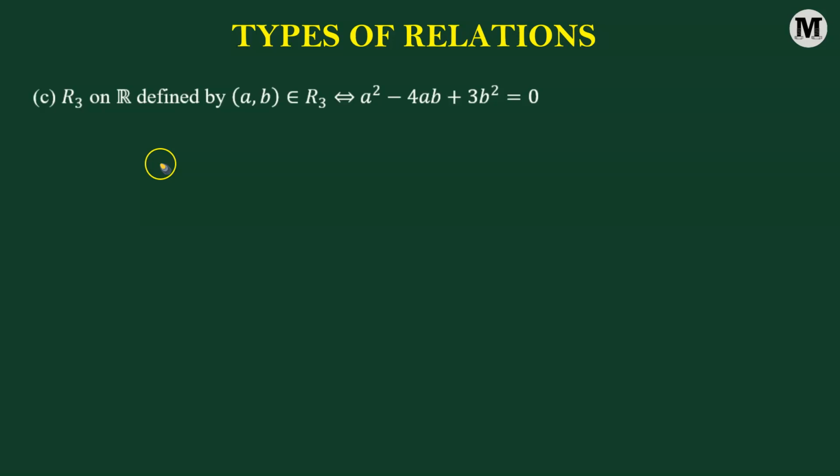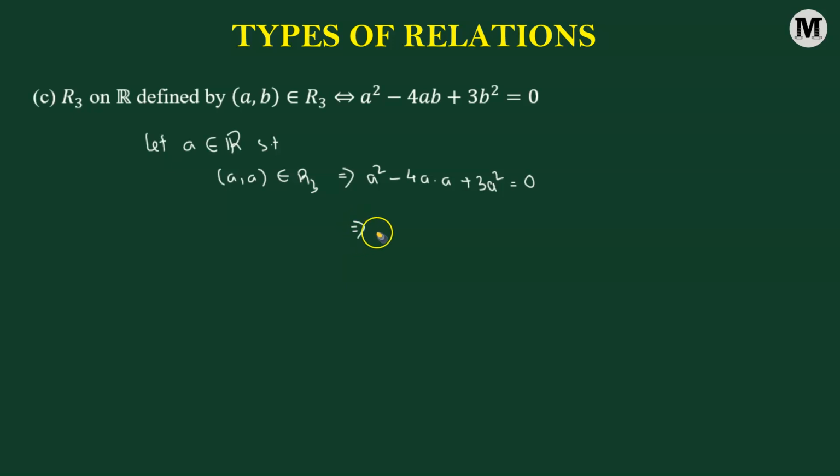So let's check for reflexivity. We will consider an element a belonging to the set of real numbers R, such that the ordered pair a comma a belonging to the relation R3 would simply imply, if we take this equation, that we can rewrite it as a squared minus 4 times a multiplied by a plus 3a squared equals to 0.